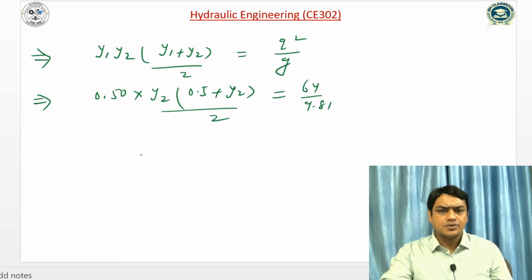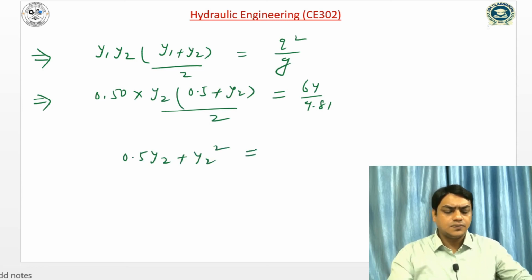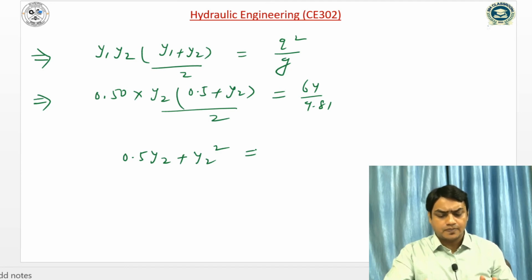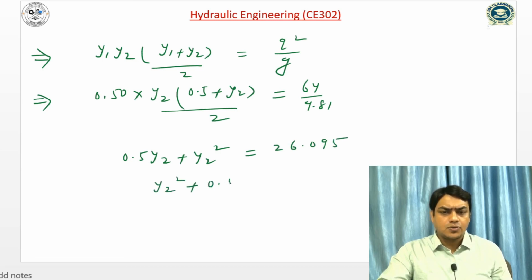So we can write 0.5 y2 plus y2 square is equal to 64 into 2 divided by 9.81 into 0.5. So it is 26.095. So we can write y2 square plus 0.5 y2 minus 26.095 is equal to 0.